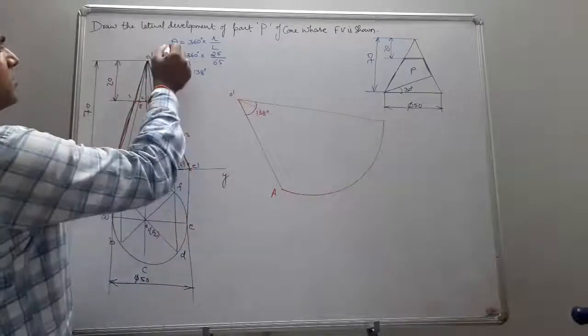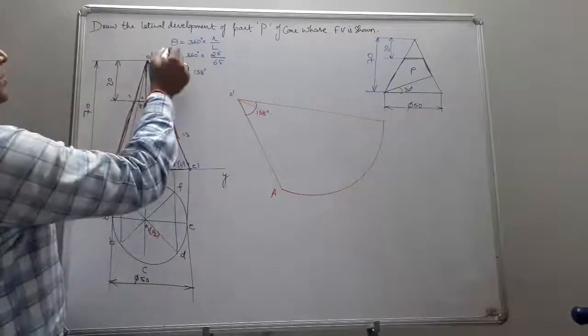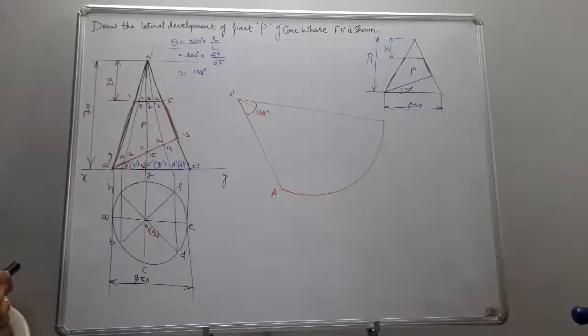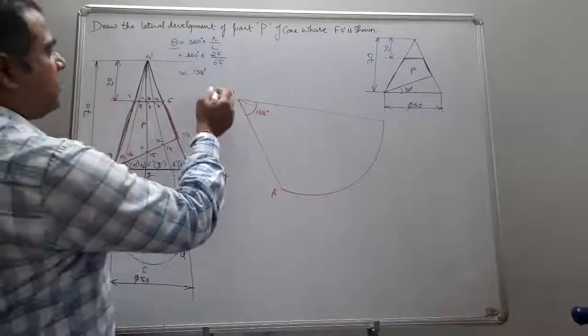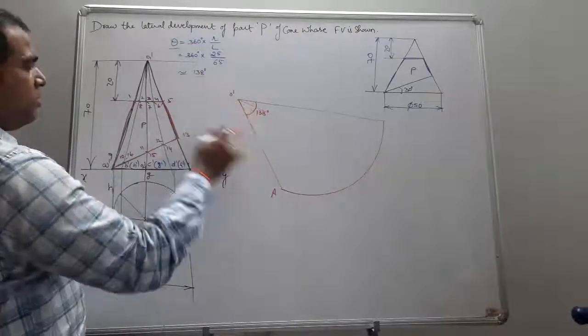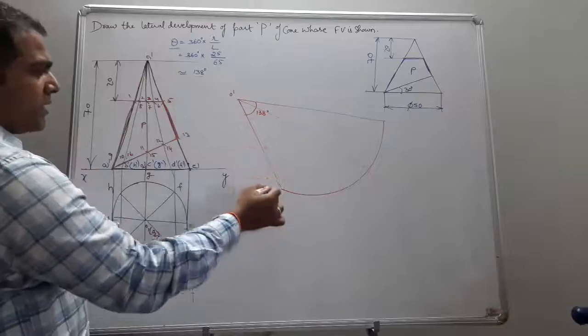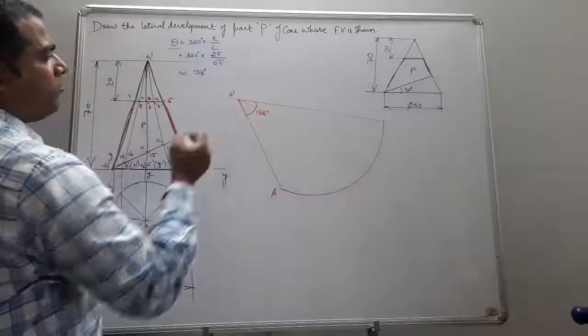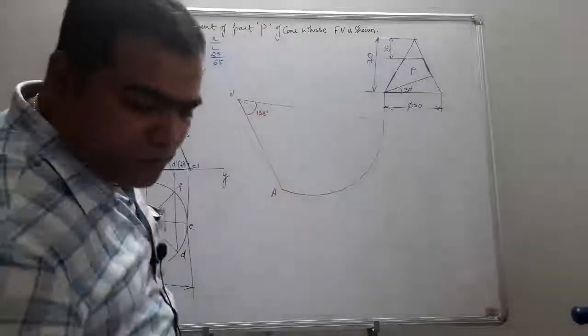For that, this was a cone. It should be drawn with the help of theta, which is 360 degrees into R by L. So theta is 138 degrees. Draw the true slant edge, take the true slant edge as the radius, draw an arc, and close it for the sector of 138 degrees.